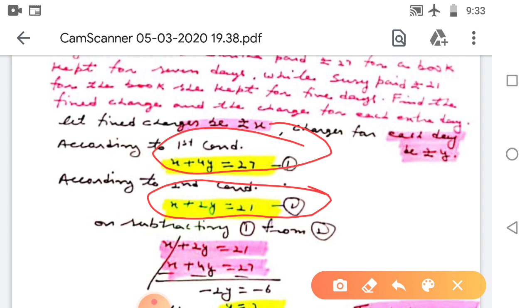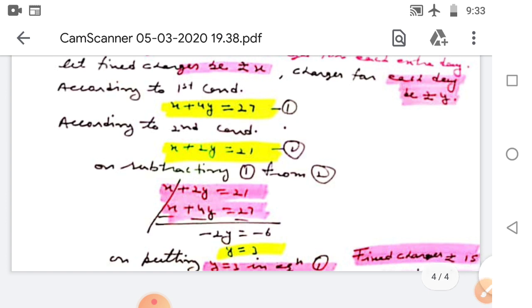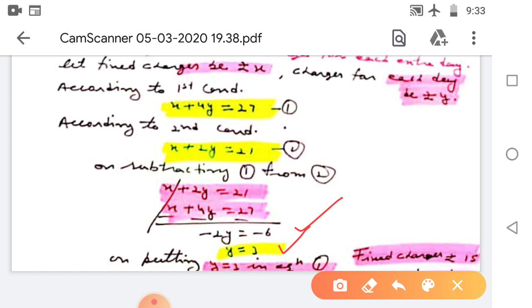Now, on subtracting equation 1 from equation 2, we need to subtract x plus 4y is equal to 27 from x plus 2y is equal to 21. On subtracting, plus x becomes minus x, plus 4y becomes minus 4y, and plus 27 becomes minus 27. Plus 2y minus 4y is minus 2y, so minus 2y is equal to minus 6, so y is equal to 3.